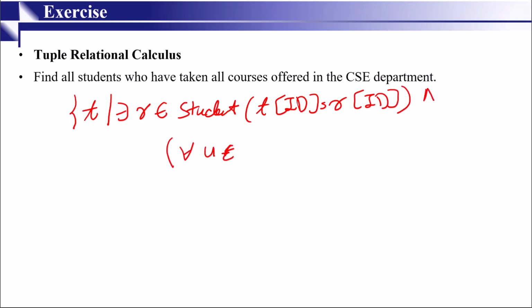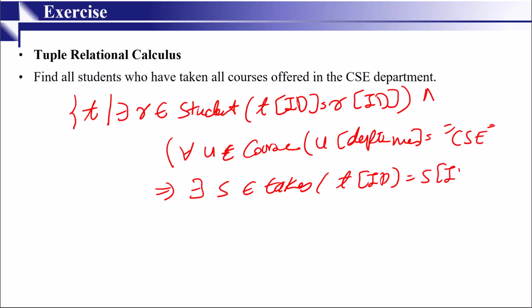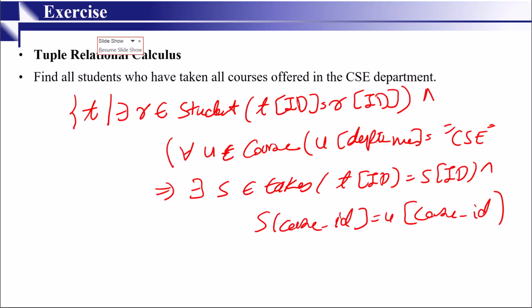And for all U in course where U.department name is equal to CSE, that implies there exists S in takes where T.ID is equal to S.ID and S.course ID is equal to U.course ID. The query returns a set of IDs.